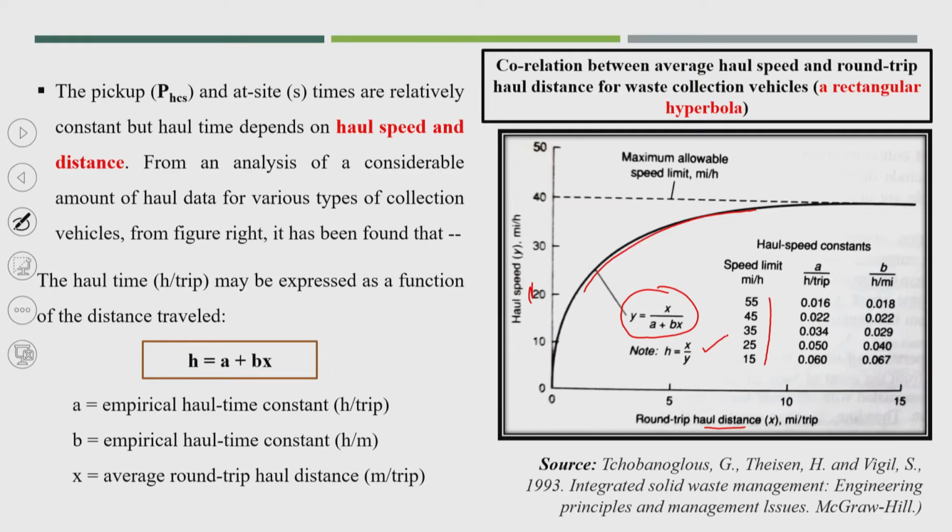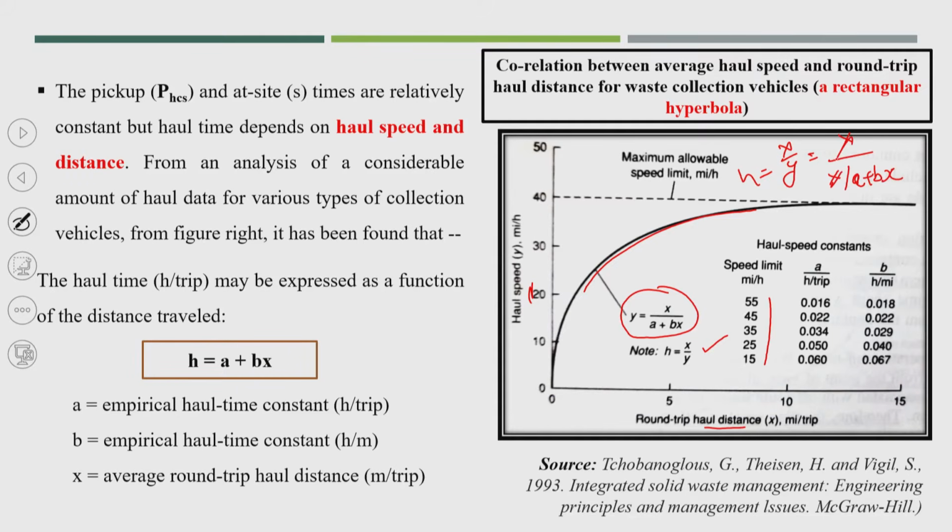So, if you put it in this equation, like here I am solving, if h is equal to x by y, then this will be x divided by x divided by a plus b x.